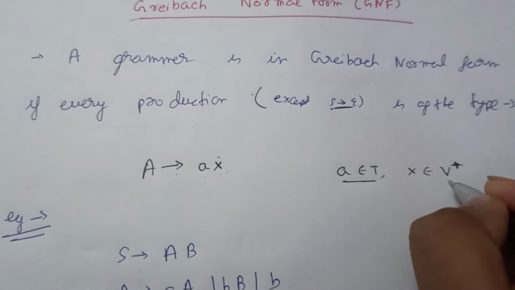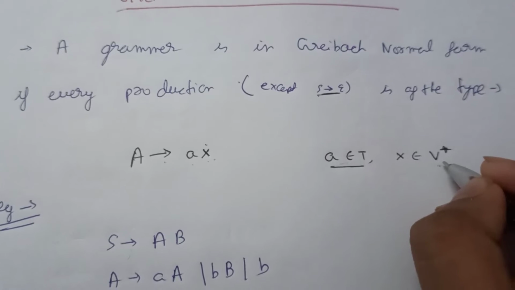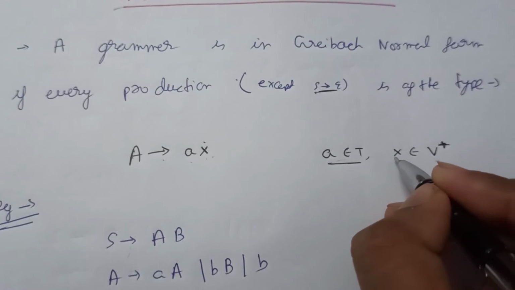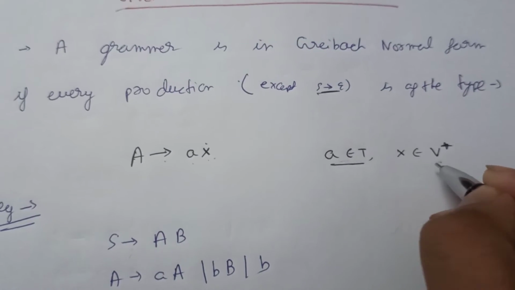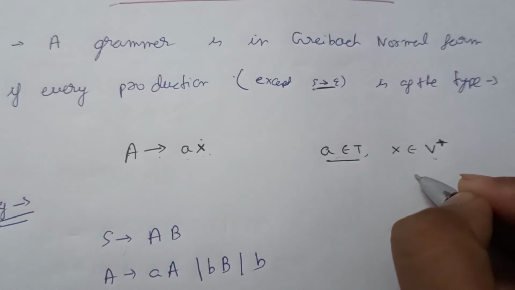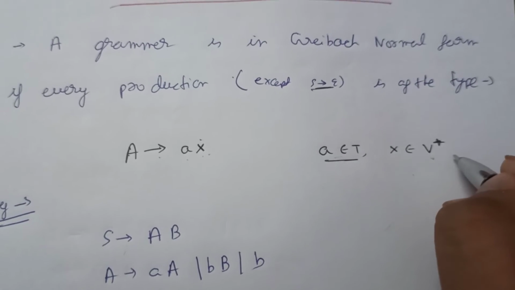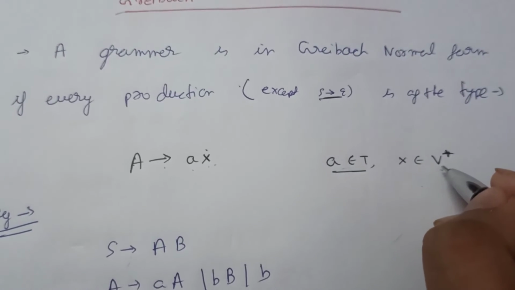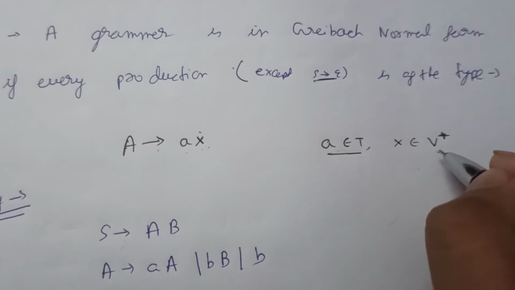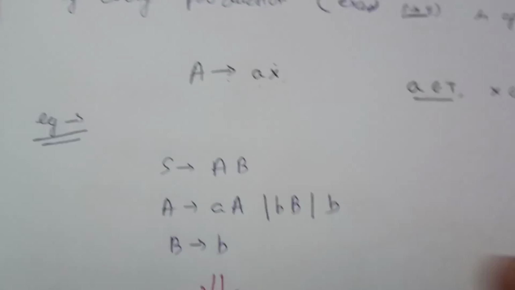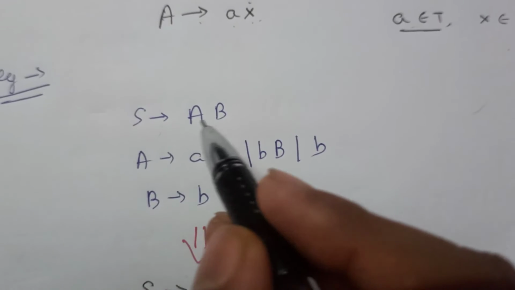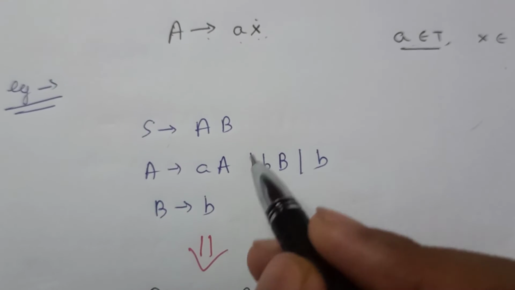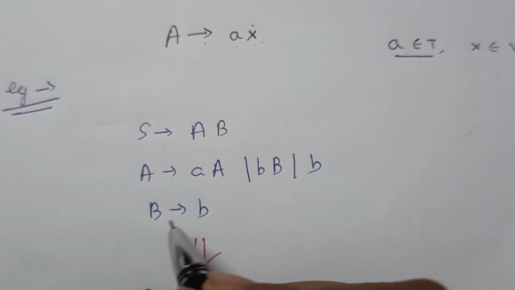There can be any number of variables, but only one terminal at the left of the variables. By any number I mean it can even be 0. Let's take an example. S to AB, A to aA, bB, b, and B to b.